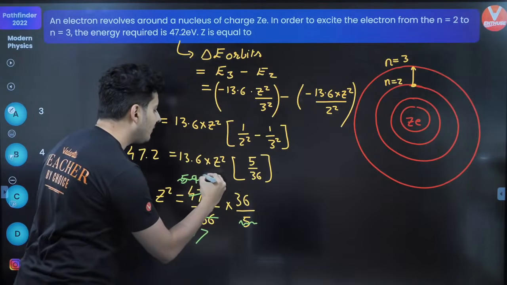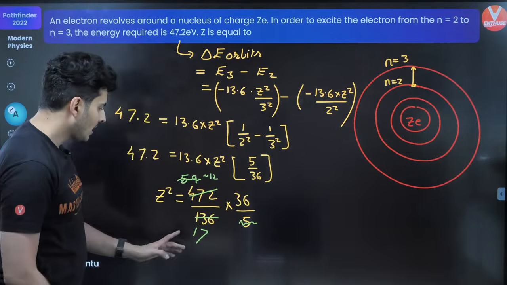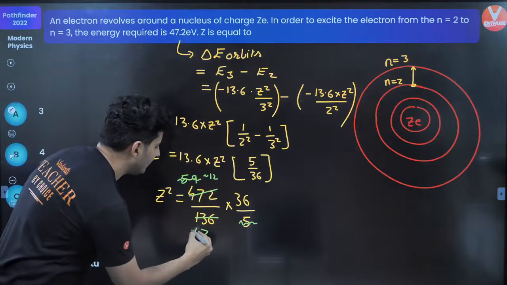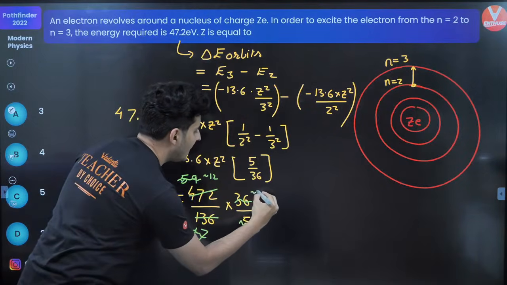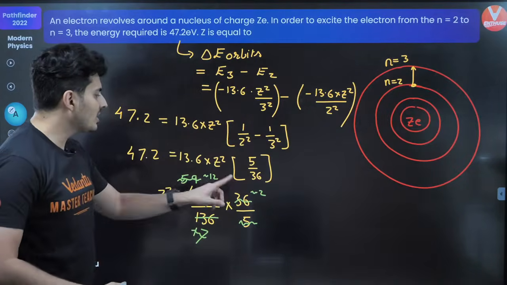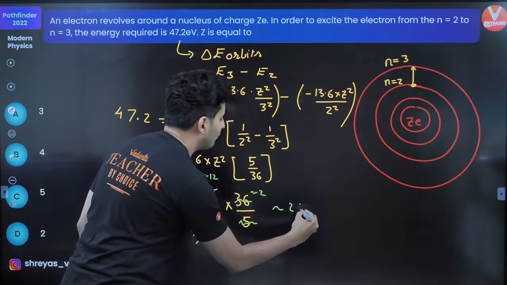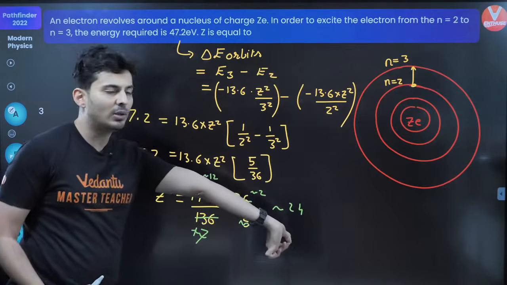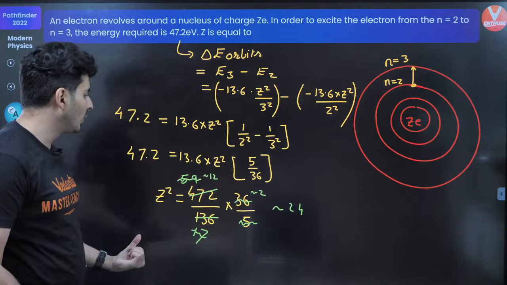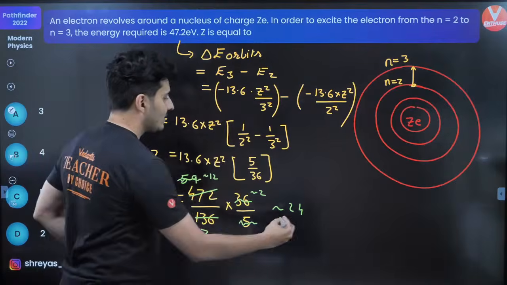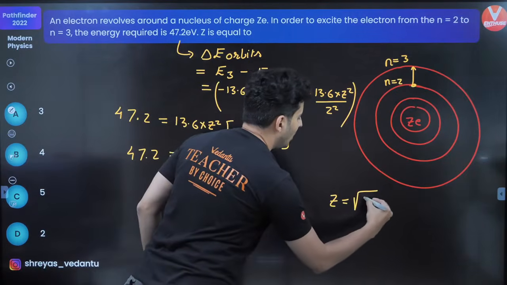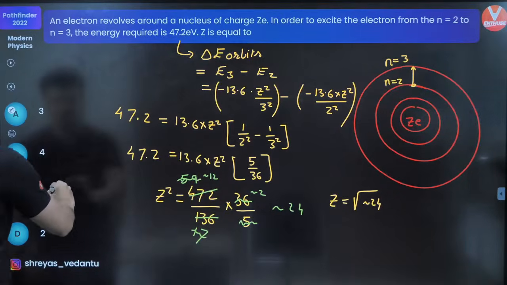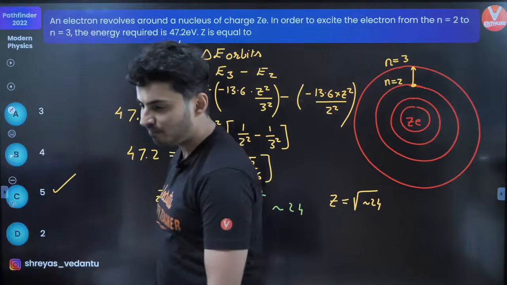So this is roughly 12. 17 and 36, 17 2s are 34, so 17 goes with 36 slightly more than 2. 12 2s are roughly 24, slightly more than that because this is slightly more than 2, this will be slightly more than 24. So Z square is about 24. So obviously Z will be root of approximately 24. It's slightly more than that actually, so which is number 5, I suppose.